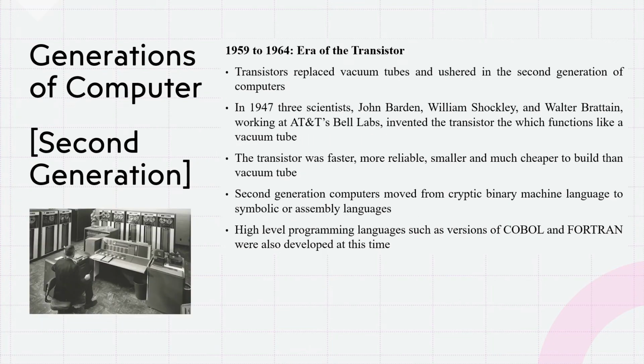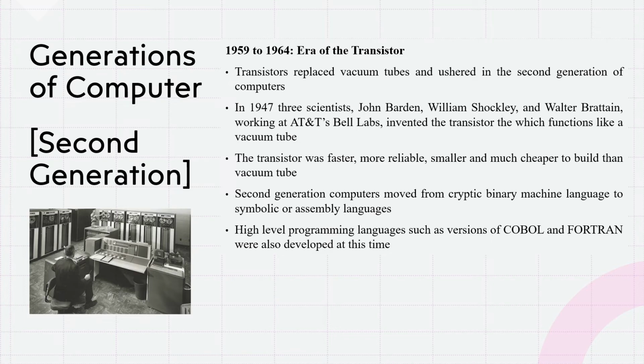Coming to the second generation, in our perspective it started from 1959 to 1964, which was also called the era of the transistor. Transistors replaced vacuum tubes and ushered in the second generation of computers. In 1947, three scientists, John Bardeen, William Shockley, and Walter Brattain, working at AT&T Bell Labs, invented the transistor, which functions like a vacuum tube.